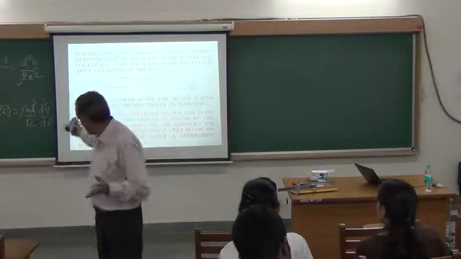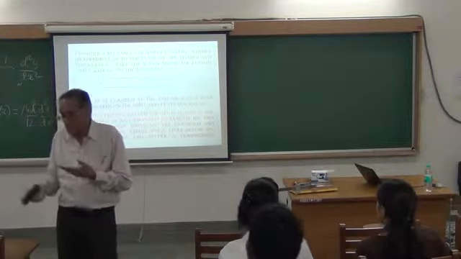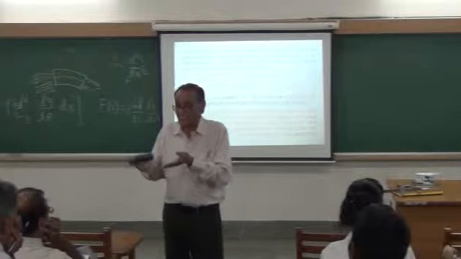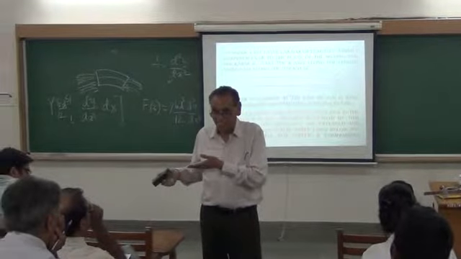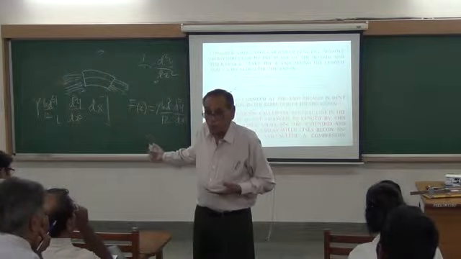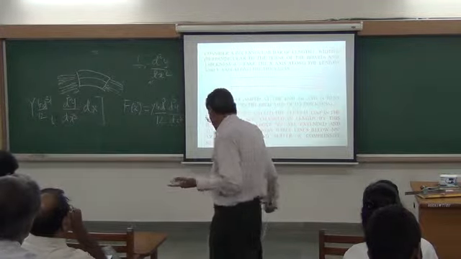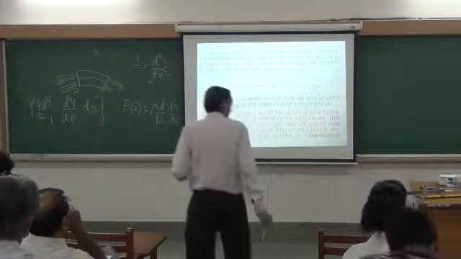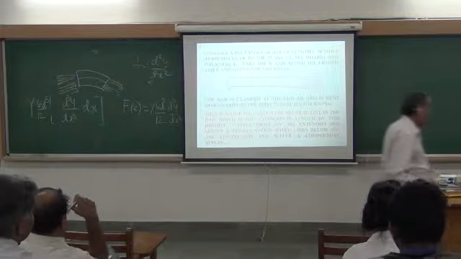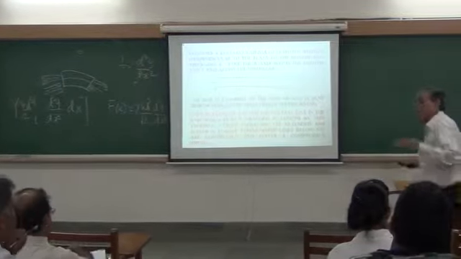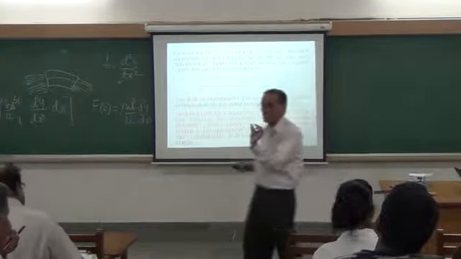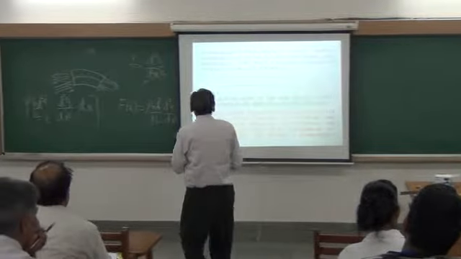So the force at x is this, the force at x plus dx will be the force at x plus df by dx. So you will get d power 4 y by dx power 4 into dx. And then you have to equate to the mass into acceleration of that small element.